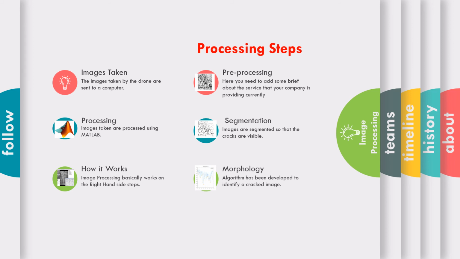For this, we will plot the row sum of the intensity of the images, and where there is a crack, there will be high intensity and we can detect the peaks in those images. By counting the number of peaks, we can differentiate whether there is a crack in the road or not. That is how this algorithm will be developed, so that the computer can automatically differentiate that there is a crack and alert us that we have to maintain it.